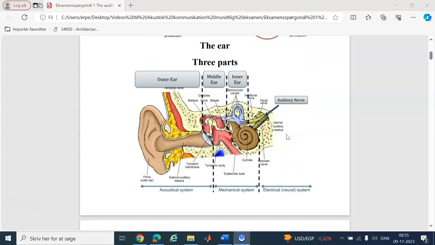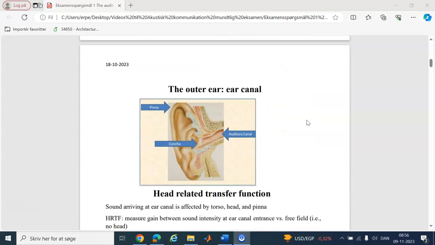The ear consists of three parts: the outer ear, which you can say is the acoustic system, the mechanical system in the middle ear and inner ear with the ossicles and cochlea, and the last one is the electric or neural system, where the sound is translated to electric signals in the auditory nerves.